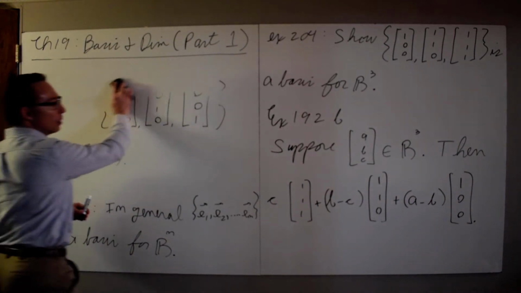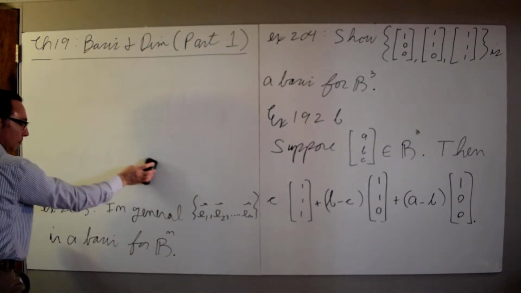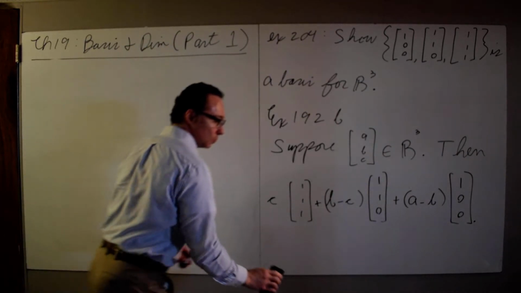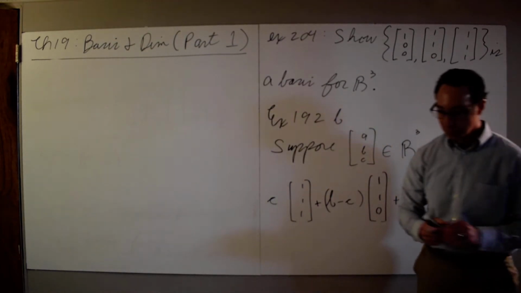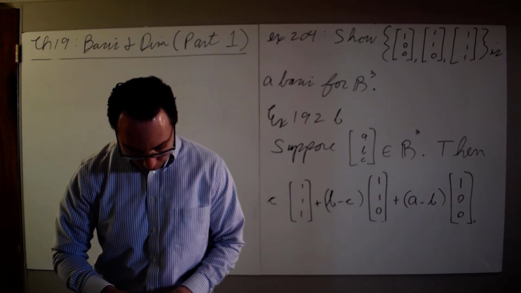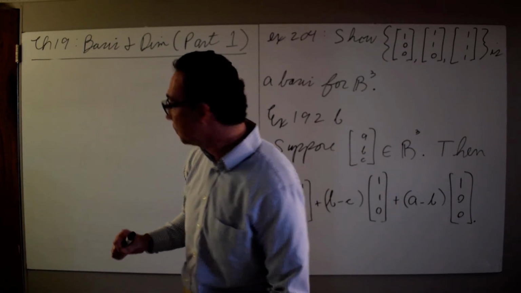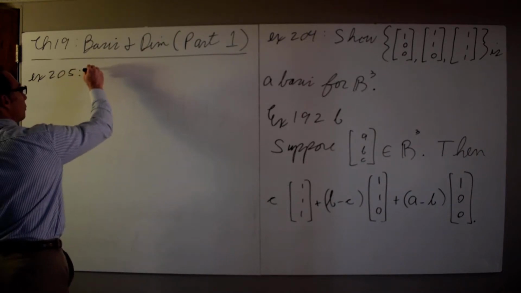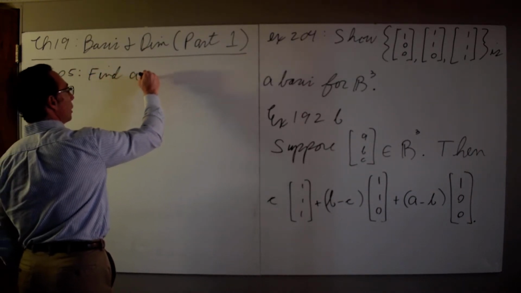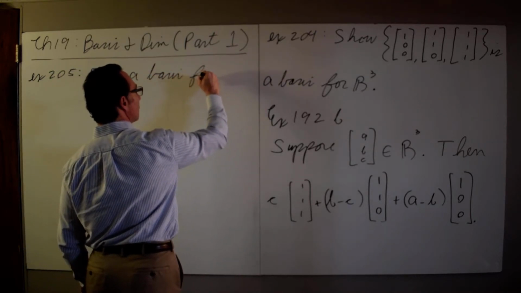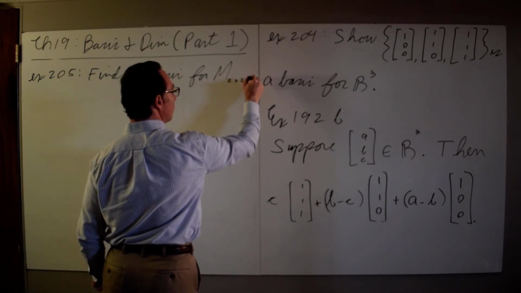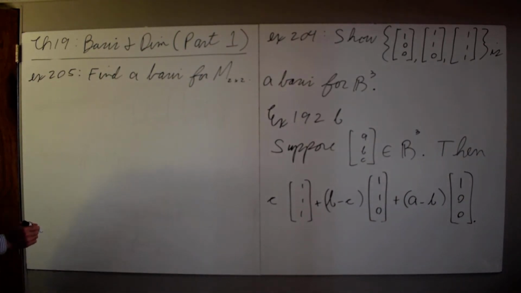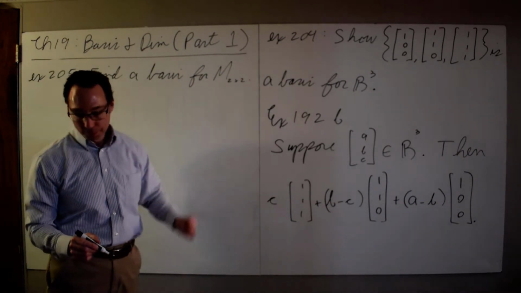We have one more example we're going to do in this video for part 1, and that is example 205. We want to find a basis for M 2 by 2. This is a set of 2 by 2 square matrices, and we want to find a basis for this set.